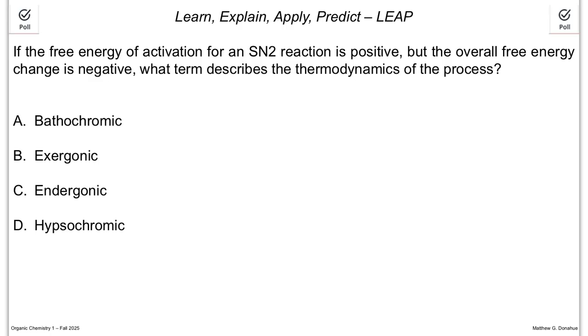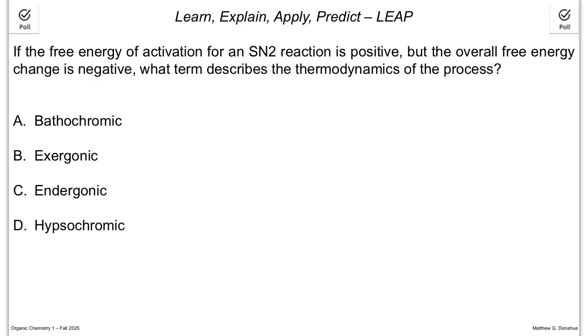If the free energy of activation of an SN2 is positive, so from your starting material energy well, you're typically always going up and over the energy of activation, but the overall free energy is negative. What term describes the thermodynamics of the process?